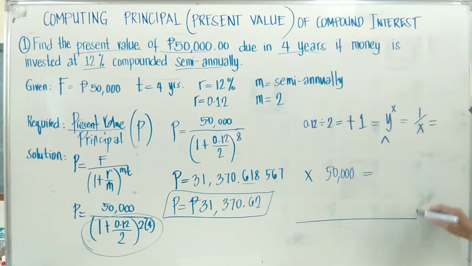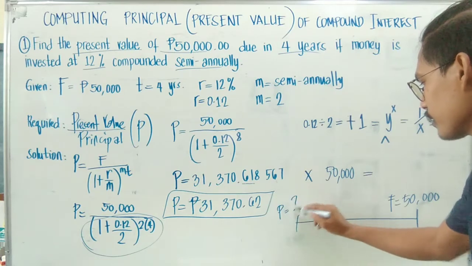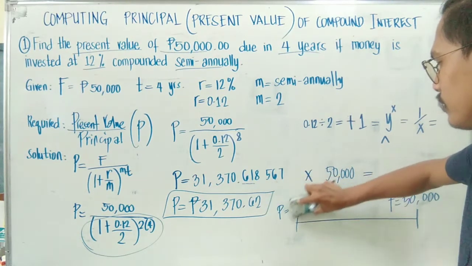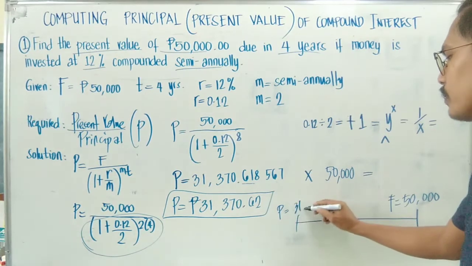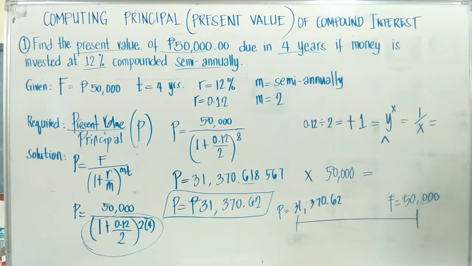Or I will again illustrate these things. So we have F again of 50,000 and P. Previously P is unknown, so we have 31,370.62. Okay, so I guess that this is clear.